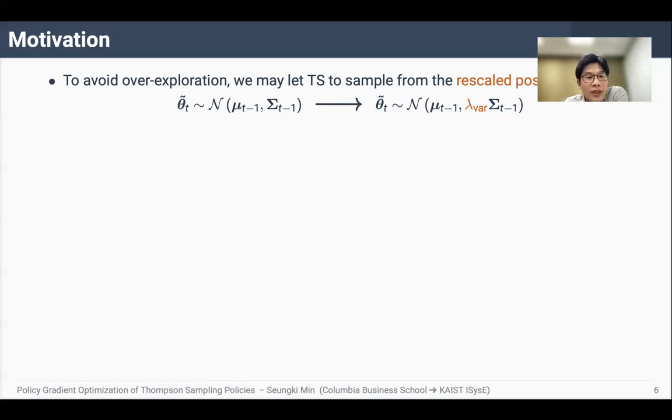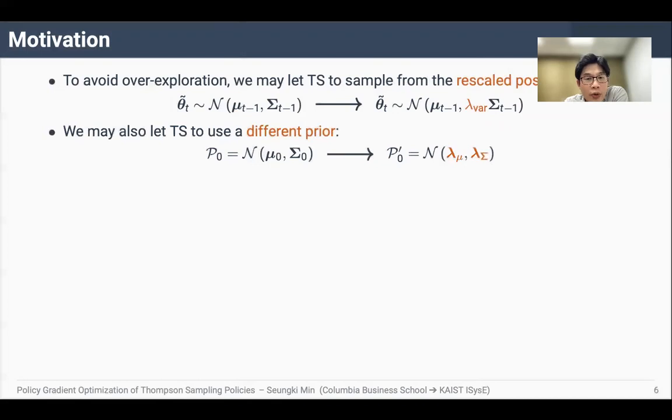So we don't need to stop here. The correct prior is not necessarily the one that maximizes the performance of the algorithm. So we can make Thompson sampling use its own prior, a different prior than the correct one, which is intentionally misspecified. So far, so good.